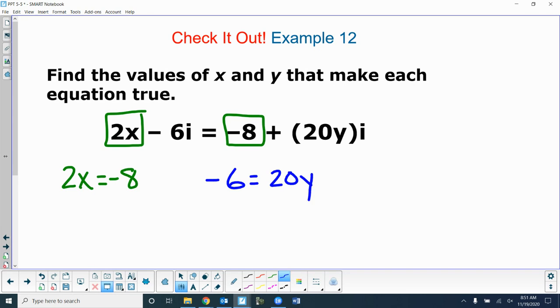Right. The -6, and then the 21. You don't need to put the i part in the problem. You need to solve those two easy equations. Does that make sense to you guys?